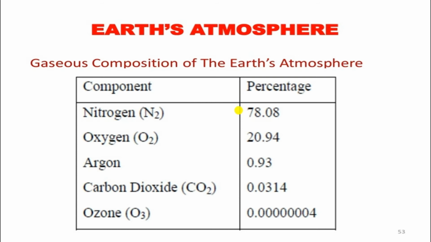Nitrogen is 78.8%, oxygen is 20.94%, argon is 0.93%, carbon dioxide is 0.03%, and ozone is 0.0004, like 4 into 10 raised to 5 ppm.